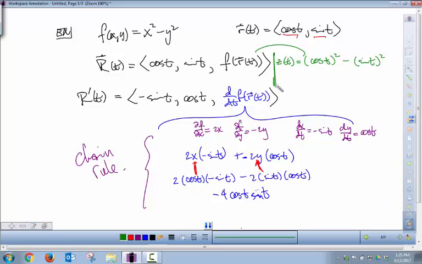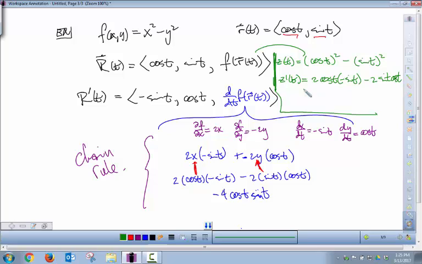And then if you were to take the derivative of this, z prime of t, this is equal to 2 cosine t, derivative of cosine is negative sine, minus 2 sine t cosine t, which is exactly the answer that we got.